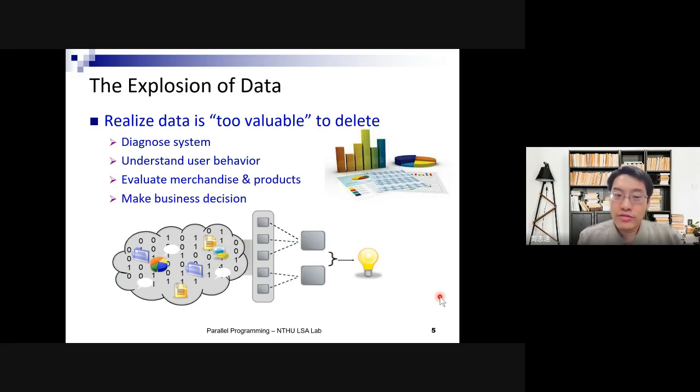Then, of course, you are more likely to have a larger volume of data to analyze. It's all because people start to realize how much value you can get from those data. And we have seen examples around us, and I will give you a couple of examples to show what the value of data is.